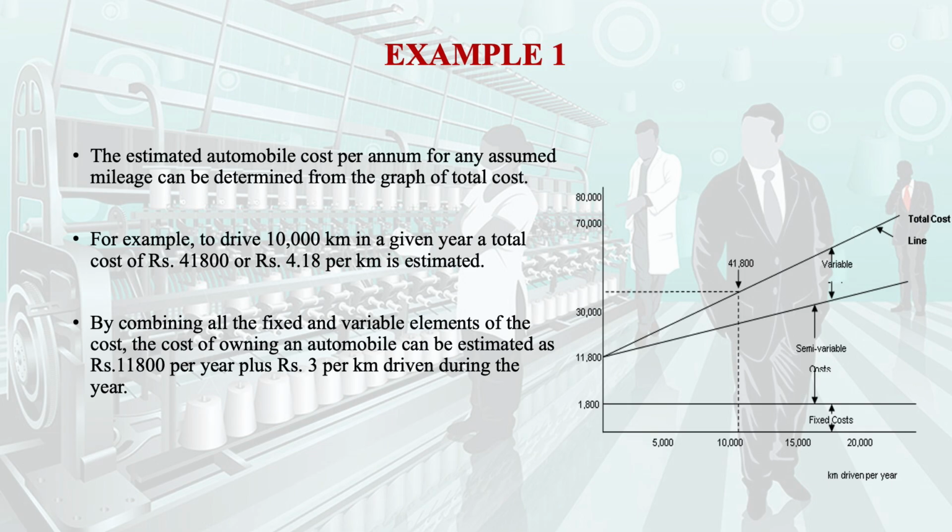Now here we have a fixed cost as well as a variable cost. The fixed cost is rupees 11,800 plus 3 rupees per kilometer as variable cost. So 30,000 plus 11,800, the total cost will come to 41,800.